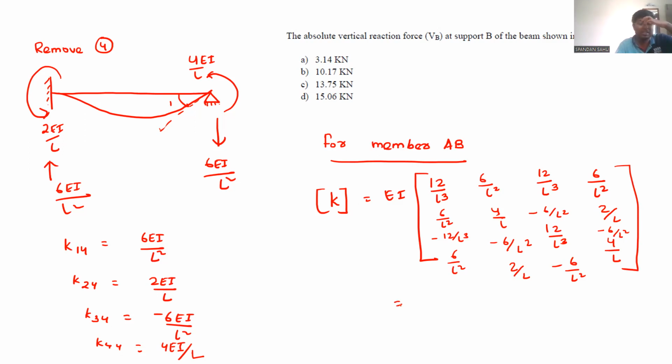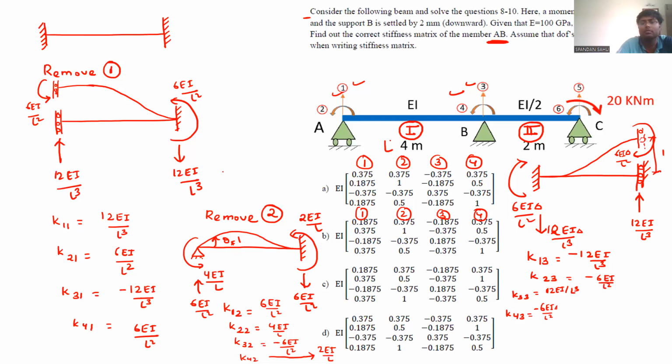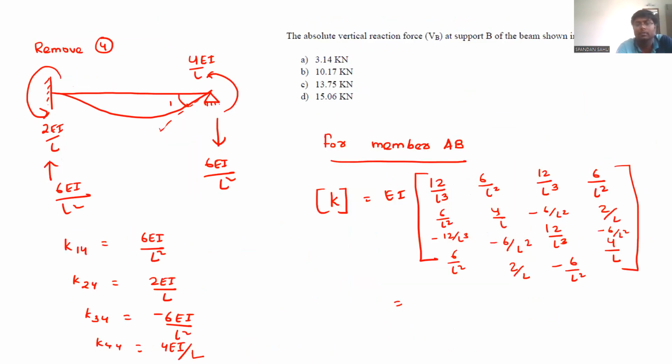Now just put the L values. L is 4, so 12 by 4 cube is 0.1875. 6 by L square will be 0.375.